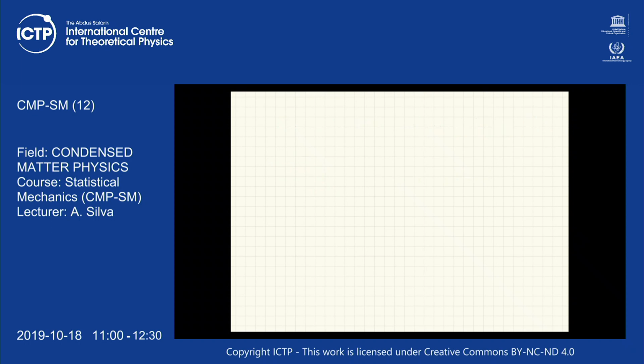So the next thing we will do, which is something that I'm not going to pretend that you know how to use in any case, but it's important for you to know it, is called the quantum to classical correspondence.